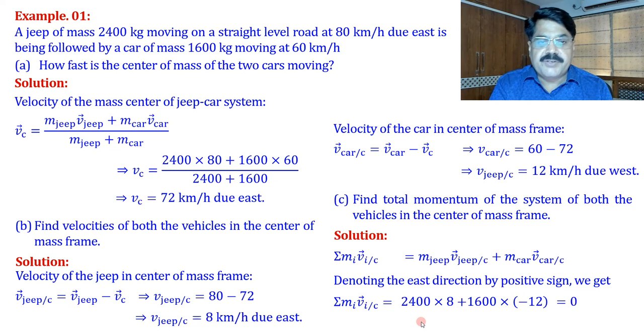So that is the verification of the idea. This simple calculation we have done in a one-dimensional situation. Let us take them in a two-dimensional situation so that we can become familiar with using these ideas in i cap, j cap notation.